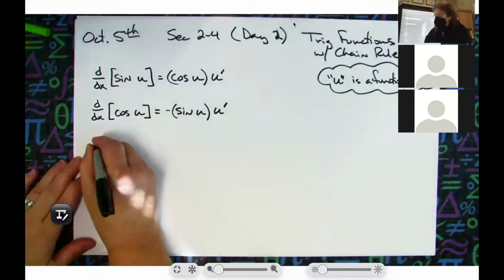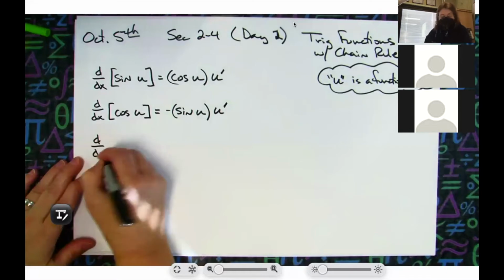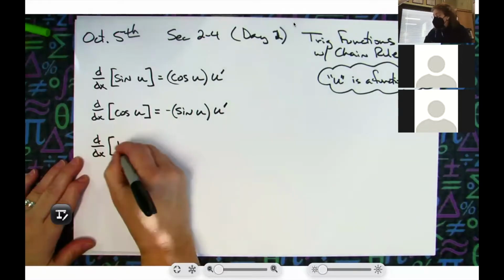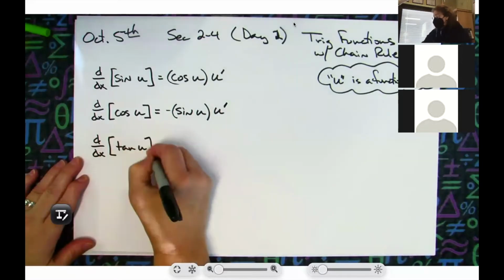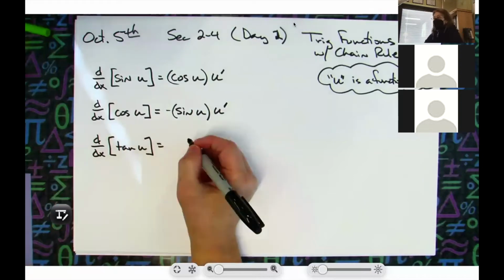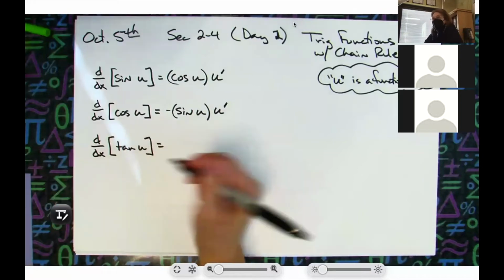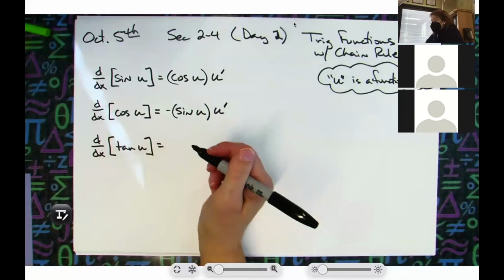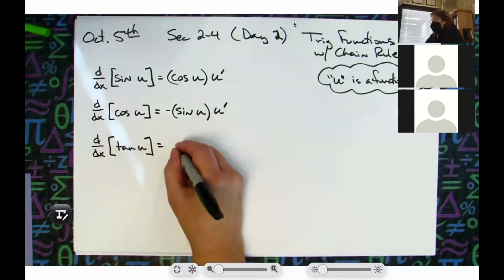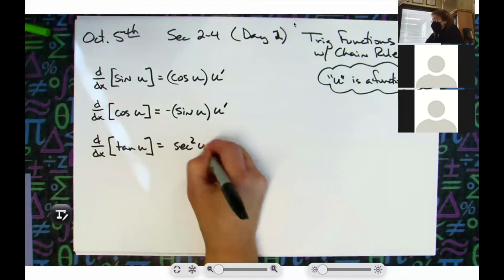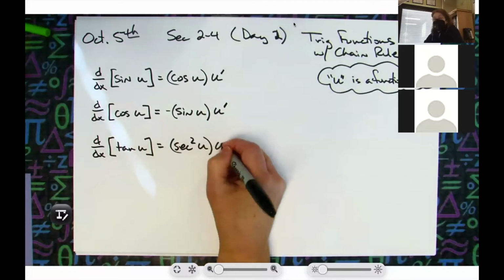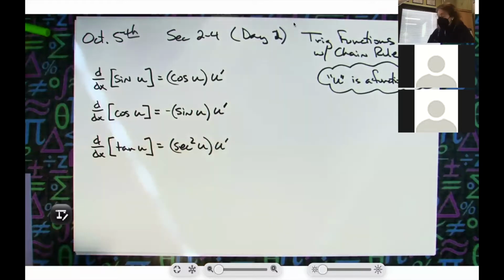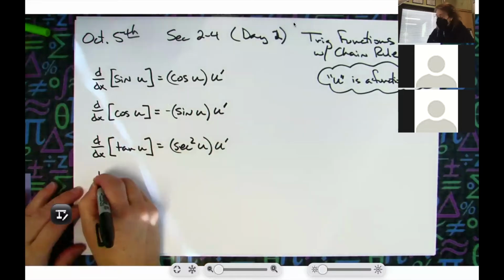All right, then we've got a d dx of tangent u, where u is a function of x. All right, what's the derivative of tangent? Secant squared. So we'll have a secant squared u, times the chain u prime. Okay, d dx.